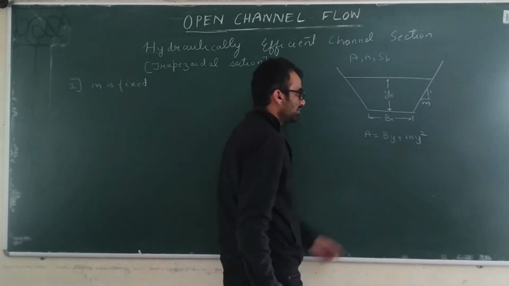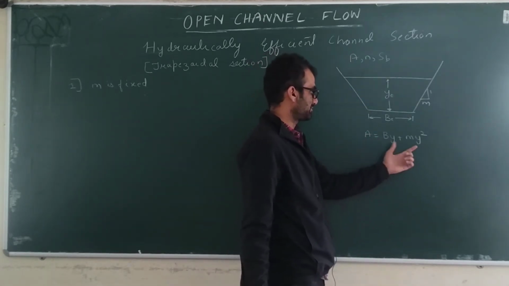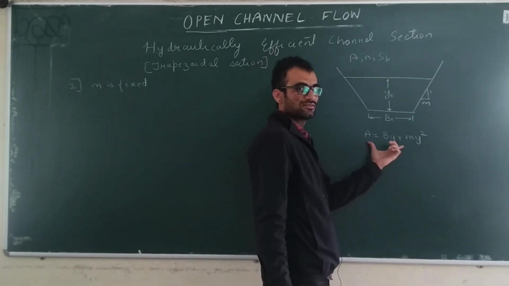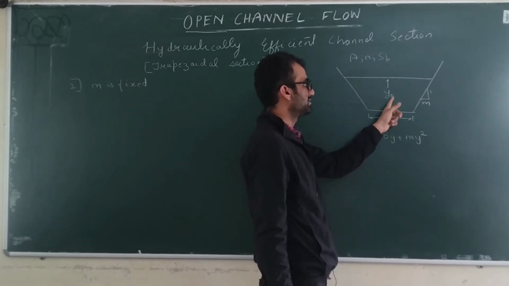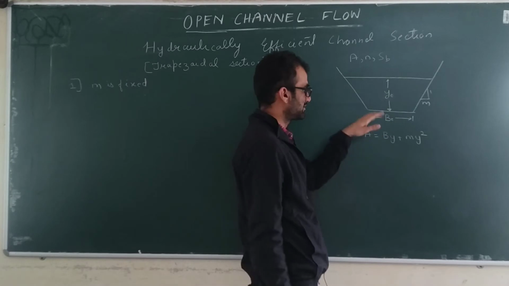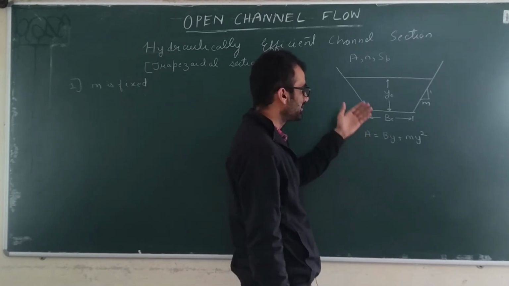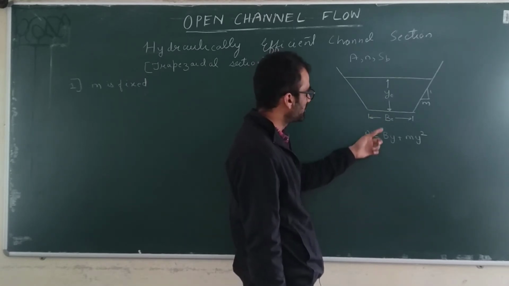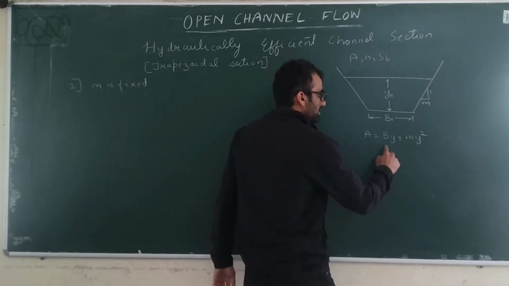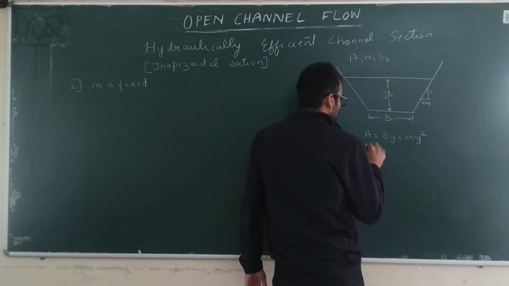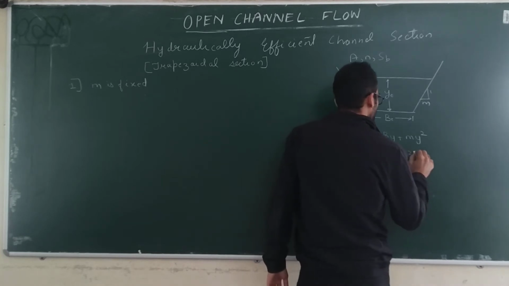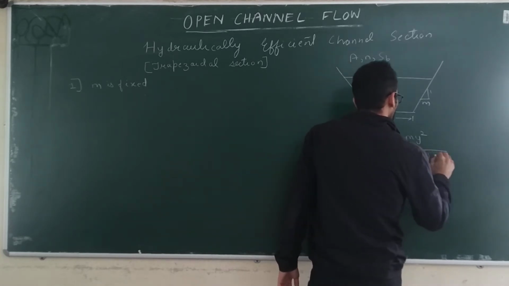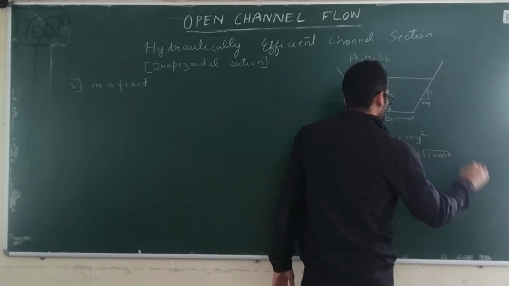So flow area will be by plus my square. I am not using the subscript e because this is for any trapezoidal cross section. We have not yet reached y e or b e. At the end, when we derive these criteria, we will use these subscripts. So area is by plus my square, wetted perimeter is b plus twice y under root 1 plus m square.